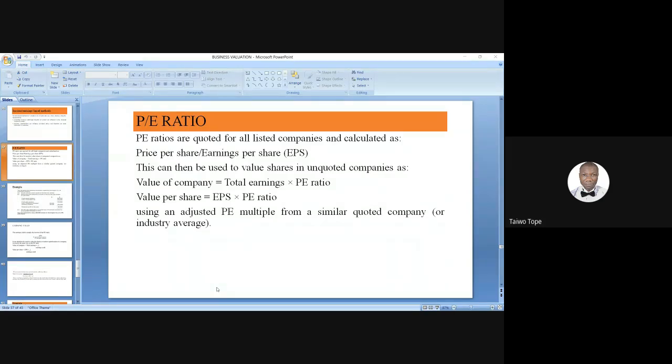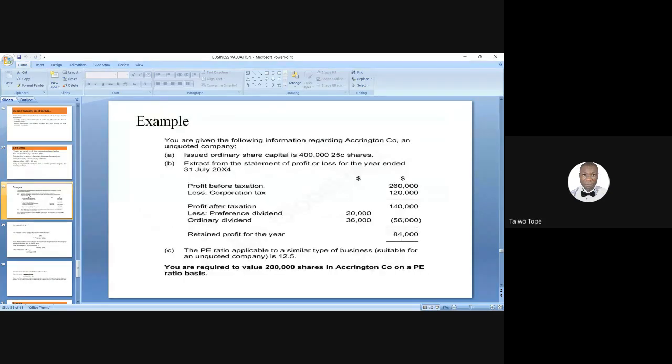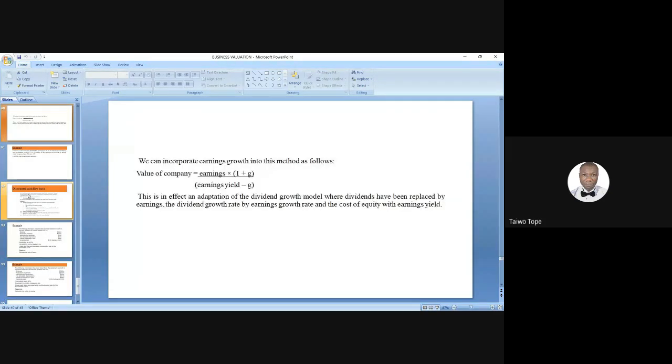So using dividend yield as a basis, the valuation can be calculated as dividend divided by cost of equity. But when you're looking at dividend yield, there is something that must come to mind. We can have a case of growth. That is where the concept of Gordon's comes in again.